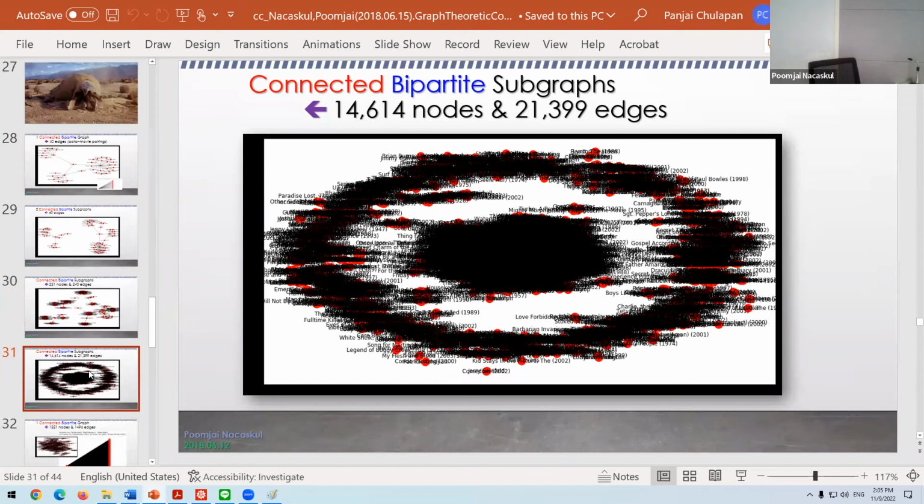And these are the edges. Okay, so these are the pairs of actor and movie. Again, this is still bipartite. But anyway, I just want to show you that, yeah, you can plot the thing, but it doesn't help. So this is real data. I think it's from IMDb or something.